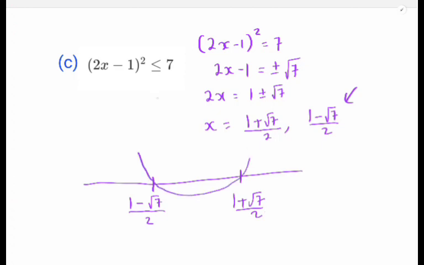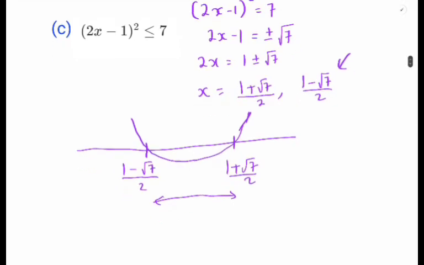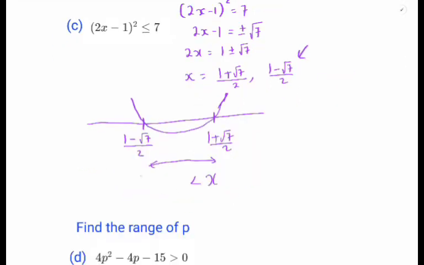So here we are referring to less than or equal to 7, or something like less than or equal to 0 if you bring everything to one side. So you're looking for the negative part. That means the answer must be from here to here. x is between 1 minus root 7 over 2, with an equal sign also, because this one has an equal sign, less than or equal to 1 plus root 7 over 2.